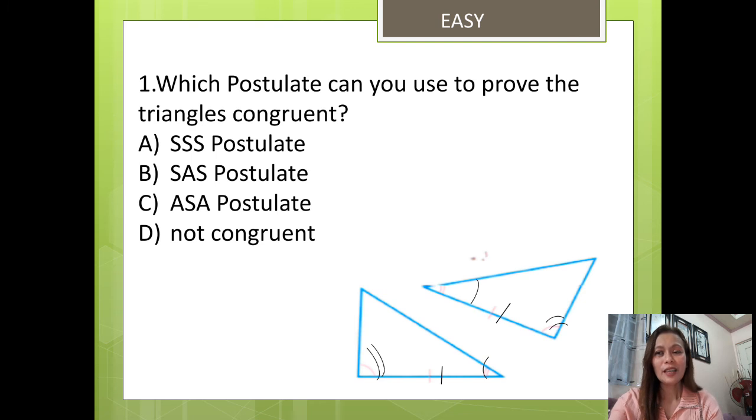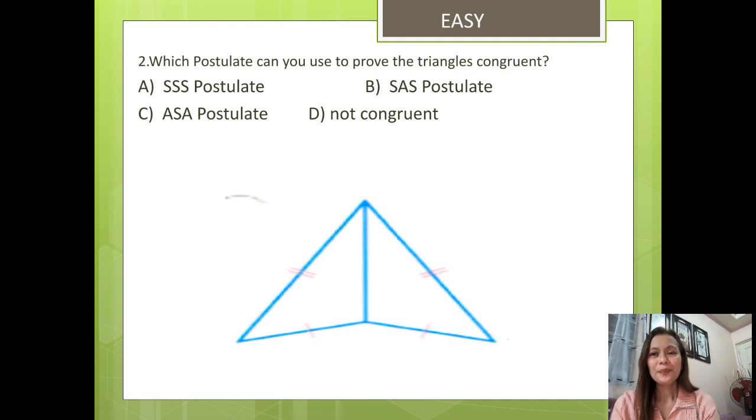Okay, so the answer is letter C, angle, side, angle postulate. Our next question for easy. Again, refer to the given figure. Which postulate can you use to prove the triangle is congruent? Is it A, B, C, or D?